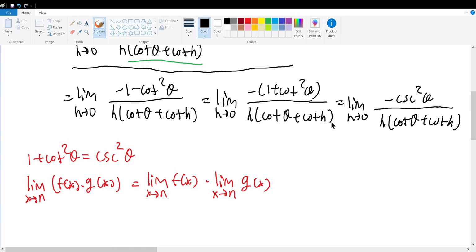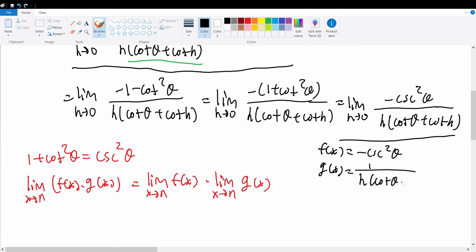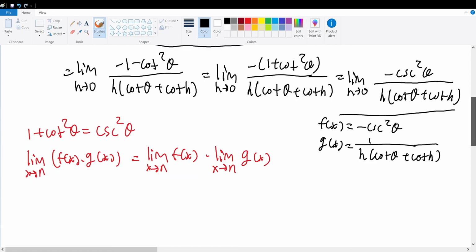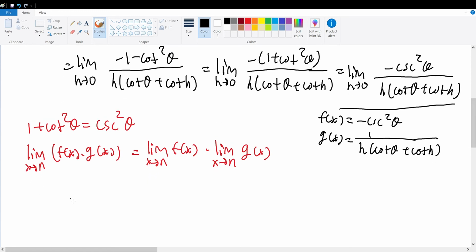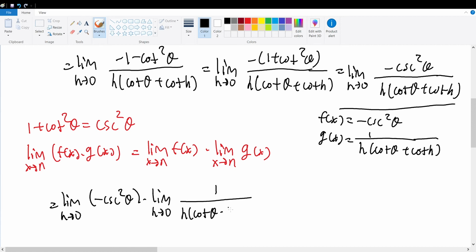And relative to this specific limit, our f of x function will be equal to negative cosecant squared theta, and our g of x function will be equal to 1 over h times cotangent theta plus cotangent of h. So with that, we can break up the limit to be equal to the limit when h goes to 0 of negative cosecant squared of theta times the limit when h goes to 0 of 1 over h times cotangent of theta plus cotangent of h.